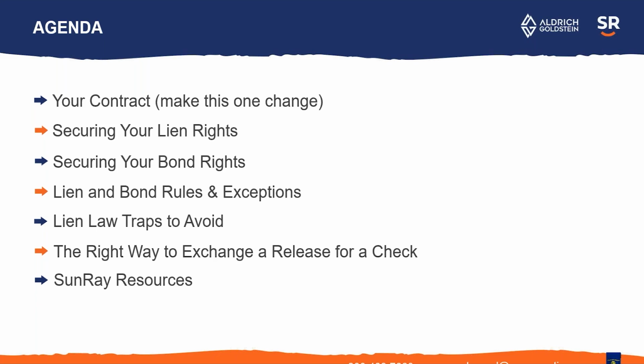I'll do an overview of lien and bond rules and exceptions. I'll give you some lien law traps to avoid because it is a pretty technical area, and then finally cover the right way, in my experience, to exchange a release for a check.